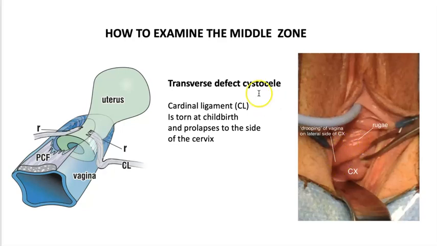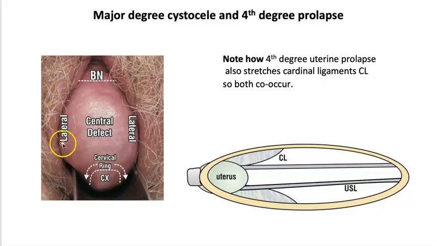This type of cystocele has rugae. So if you look at this figure here, there's a major degree cystocele and fourth degree prolapse. Now, if you have a look at the pathogenesis, the fourth degree prolapse of the uterus is, of course, elongated uterosacral ligaments. But if you look here, you will see the cardinal ligament also has to be elongated.